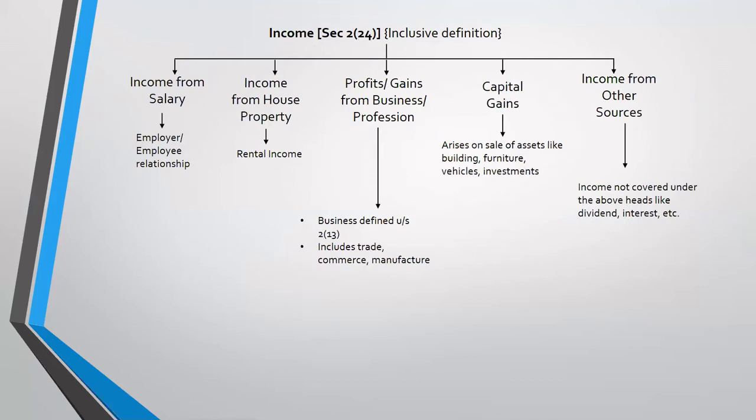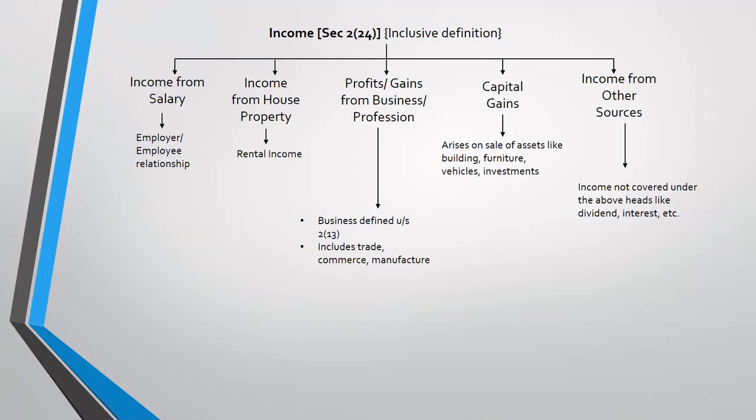Moving on, income is defined under section 224 of the Income Tax Act. The definition of income is important as tax is payable on income, so we should know what is income. The definition of income is again an inclusive definition, meaning it includes the items mentioned in this section and also any other item to which the natural meaning of the word would apply.